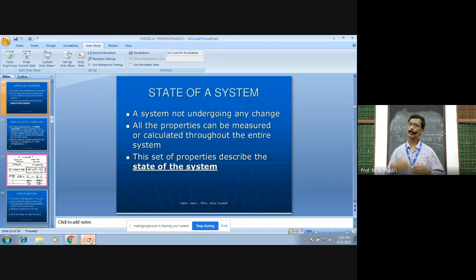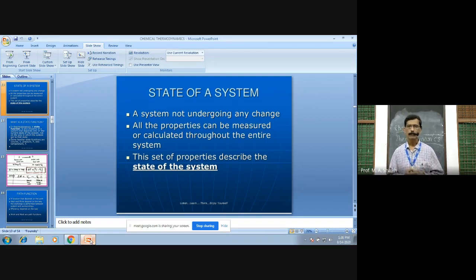Listen once again. When all measurable or thermodynamic properties of a system have definite values, the system is in a particular state. Can a system change its state? The answer is yes. System अपना state बदल सकती है.